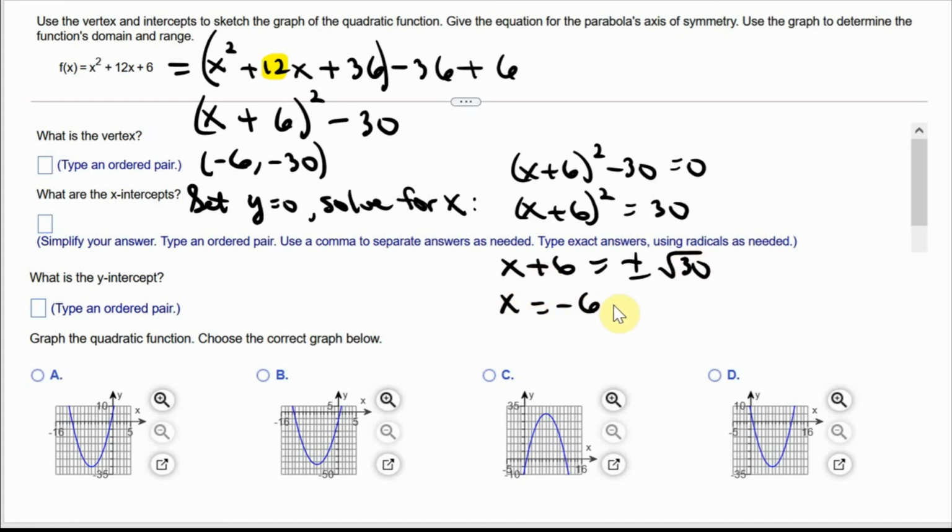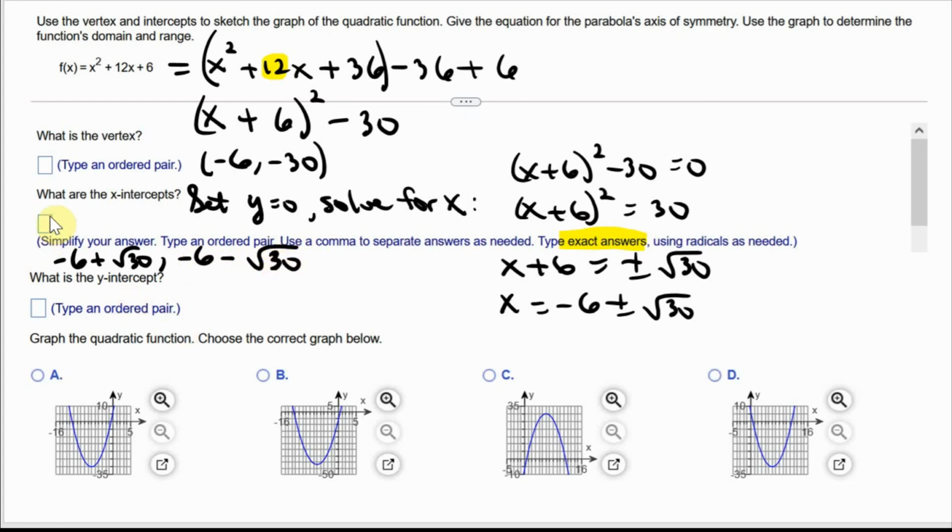So x is equal to negative 6 plus or minus the square root of 30. So it says for the x-intercepts, it's an ordered pair, use a comma to separate the answers. And it says type the exact answers. Exact answers always include the radical. So for that answer, we have negative 6 plus the square root of 30, comma, negative 6 minus the square root of 30.